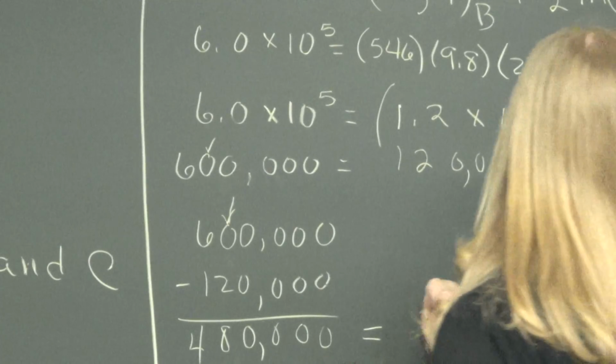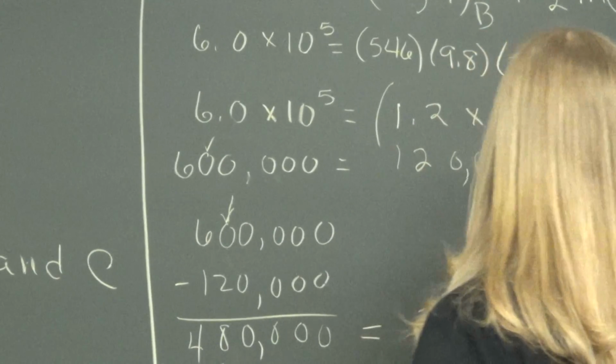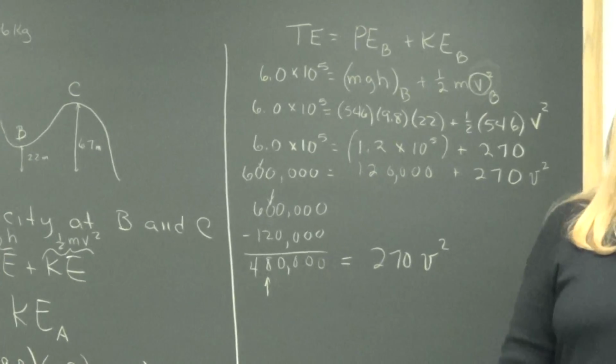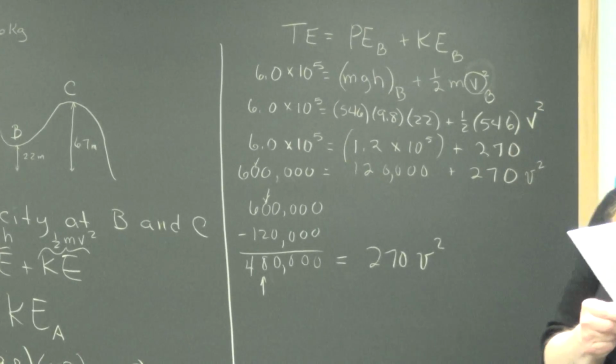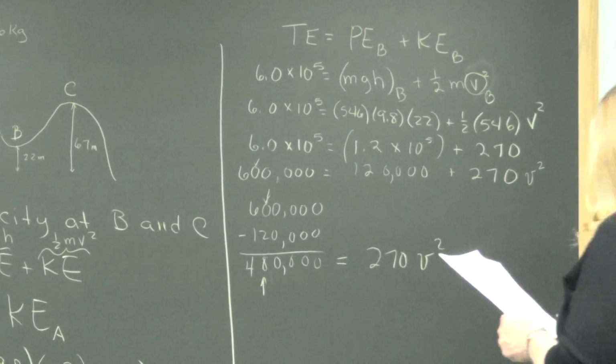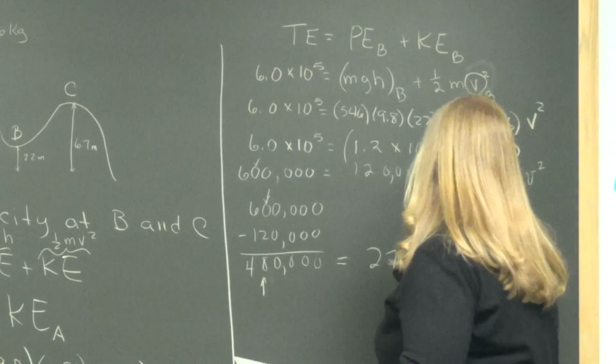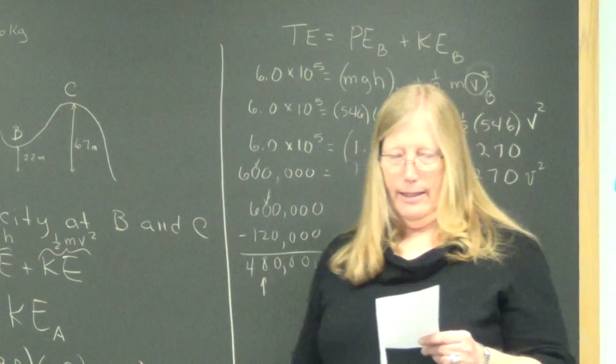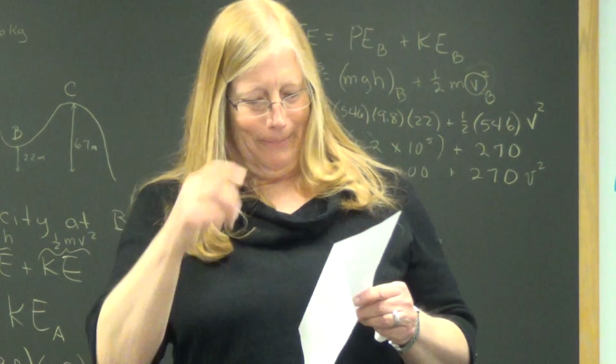All right, so now we have 270b squared. Now you divide and take the square root. I'll let you go with that because the sig figs are normal at that point. So what number came out for the velocity at point B? Did you get one, Emily K, MK?